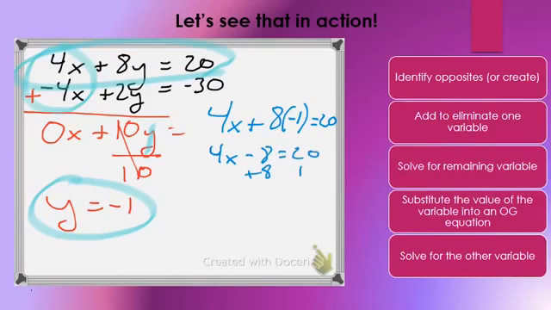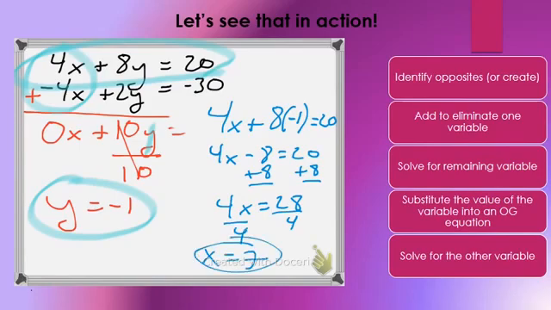Add 8 to both sides. 4x equals 28, and when we divide 28 by 4, we get x equals 7. That is the other variable that we needed, so the solution to our system is (7, negative 1).